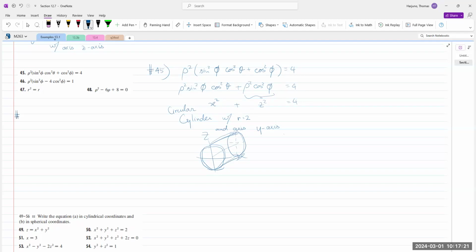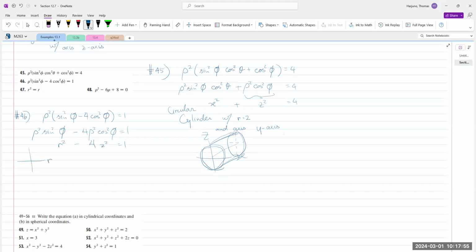Number 46, rho squared times sine squared phi minus 4 cosine squared phi equals 1. This is rho squared sine squared phi, that's r squared by the way, minus 4 rho squared cosine squared phi equals 1. This is r squared minus 4 z squared equals 1.